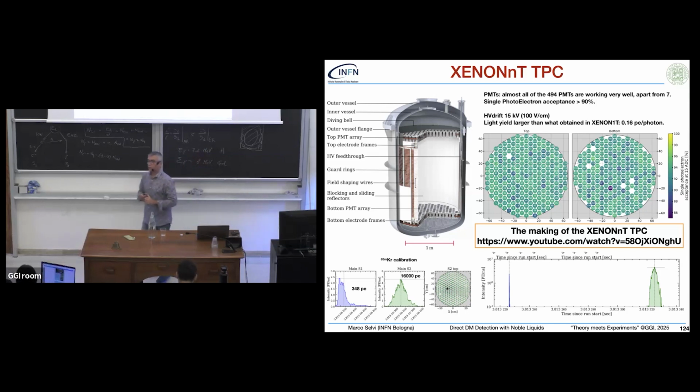So you said we know the mass and we know the coupling. Okay, no, in the final plot that I showed you, we will go down to the neutrino floor. So we will explore all the parameter space that we can, and in that parameter space there are models that predict WIMPs. So if we do not find them, they will be ruled out.